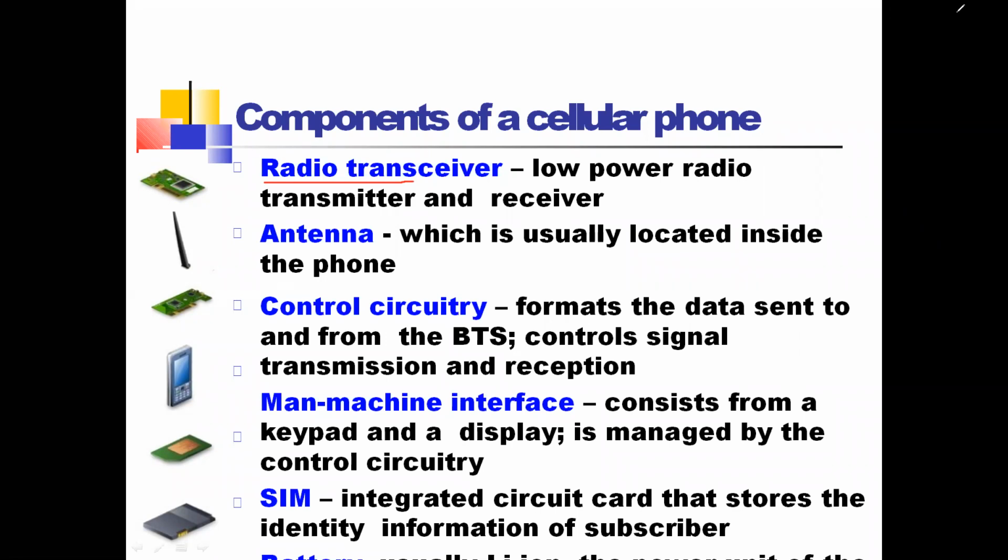The second one is the antenna, which is usually located inside the phone. The antenna is also used in the phone.